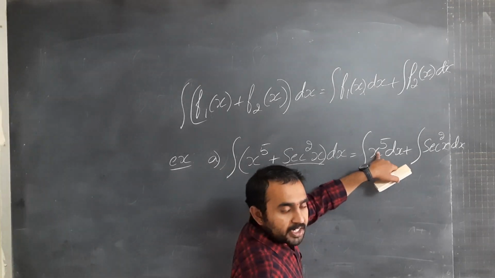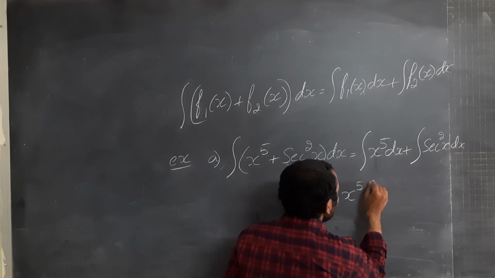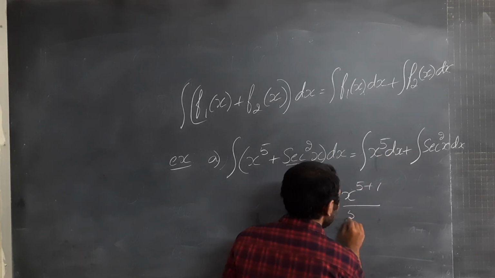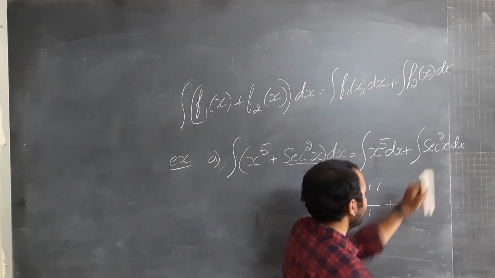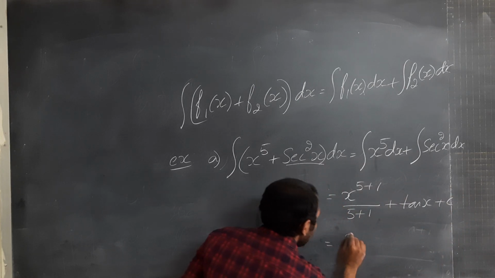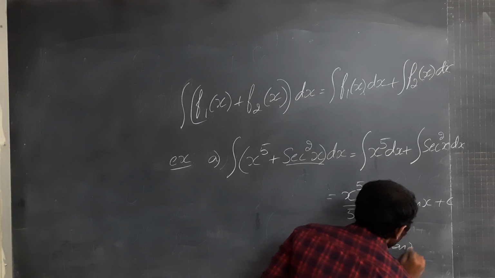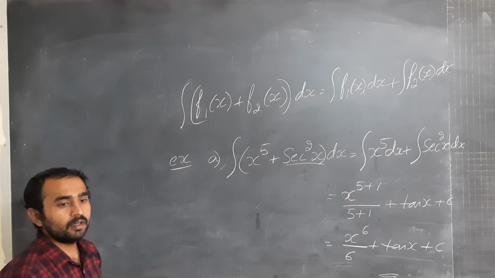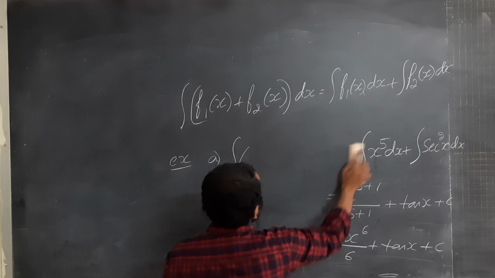For x power 5 we use the x power n formula, x power n plus 1 divided by n plus 1, where n is 5, plus the integration of secant square x, which is tan x, plus c. So x power 6 divided by 6 plus tan x plus c. Have you got it? Take another example.